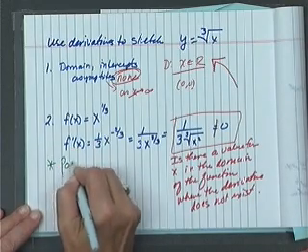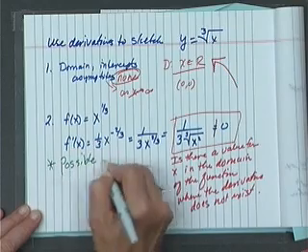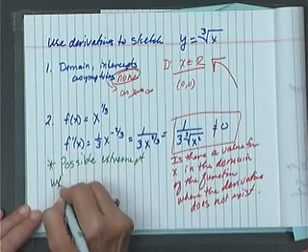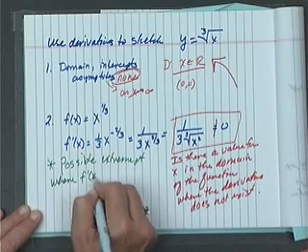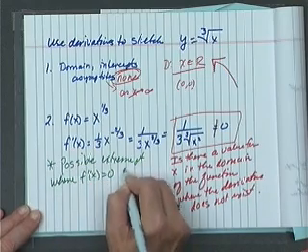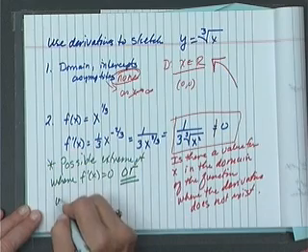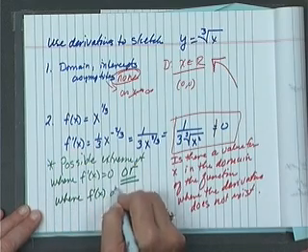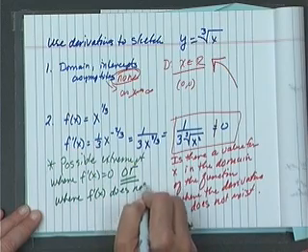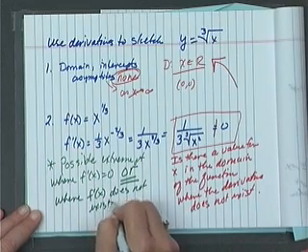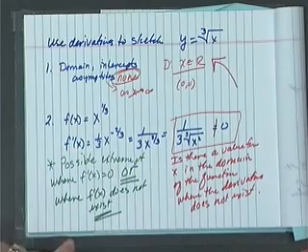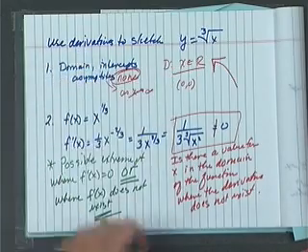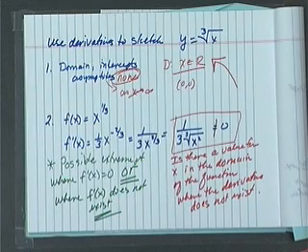We have a possible extreme point where the first derivative equals 0, or where the first derivative does not exist. But where it does not exist, that value has to be in the domain, because otherwise you don't have a point there.